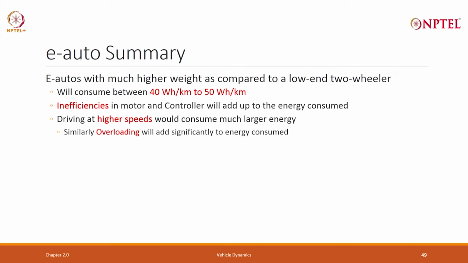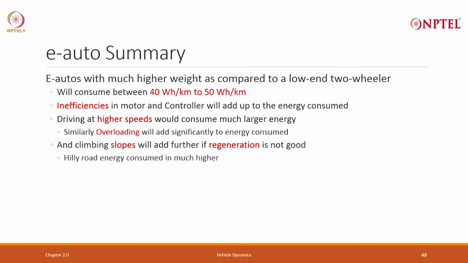If you overload a vehicle, you will consume more energy, and that is quite common in India. If you climb slopes, you will use more energy, well, range will go down. The key thing is that you are not climbing slopes all the time. Of course, if the regeneration is good, it will only marginally impact.